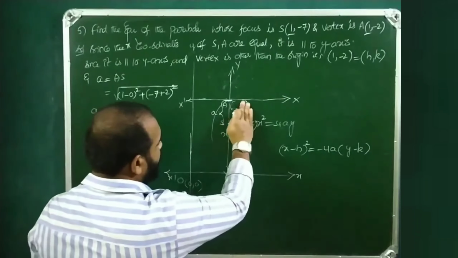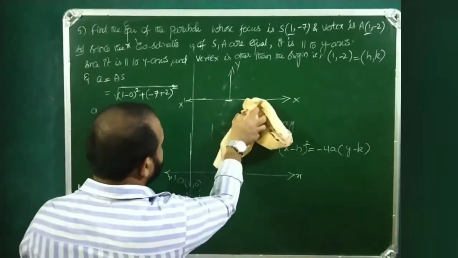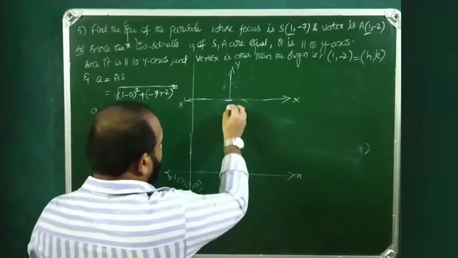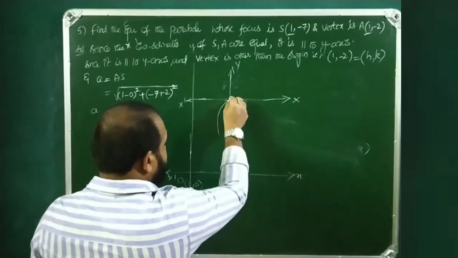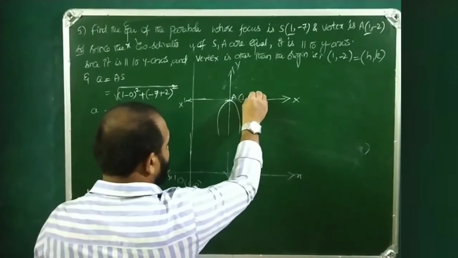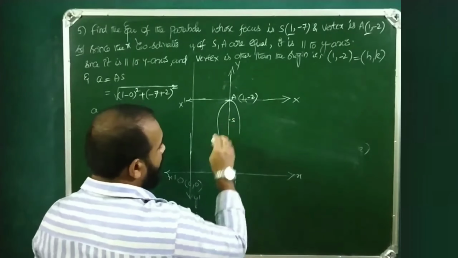Vertex 1 comma minus 2. So here this is A 1 comma minus 2, and this S is 1 comma minus 7.